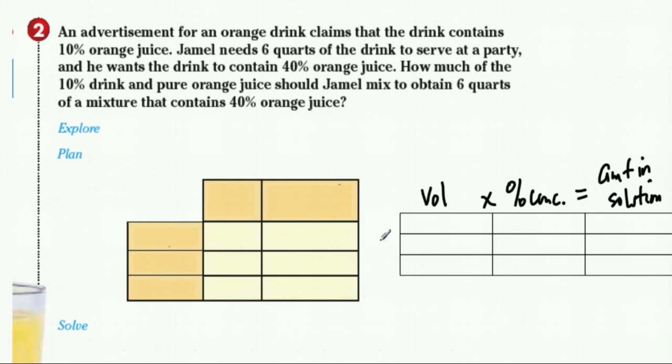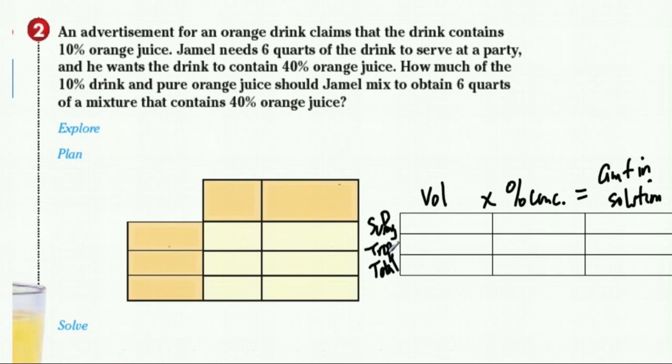Remember, we talked about how on this side will be what we are mixing, and the bottom part will be the total. So in this case, we'll be mixing, let's say, Sunny D and Tropicana. We'll just name our orange juices, and this will be total.